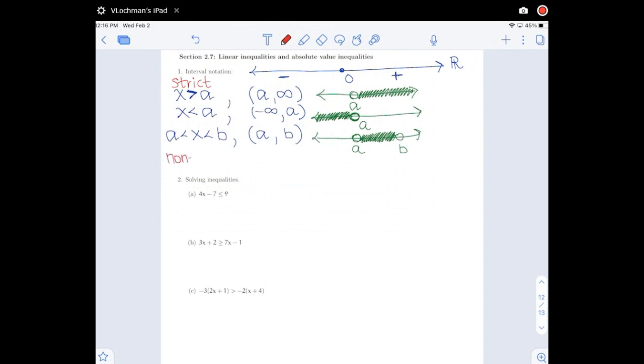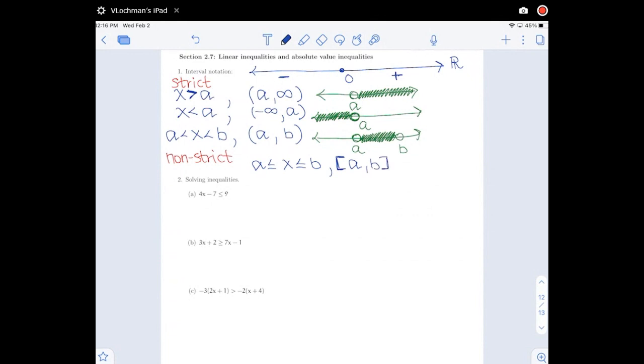Non-strict inequalities. All of this would be very similar, except what's going to change? Let's say I am between A and B, allowing A and B being the solution. So less than or equal to, greater than or equal to, right? What is that equal to as far as the notation? This is when we use square brackets.